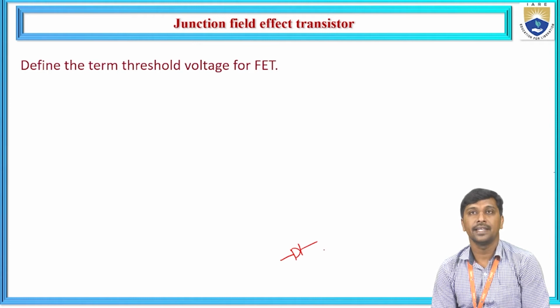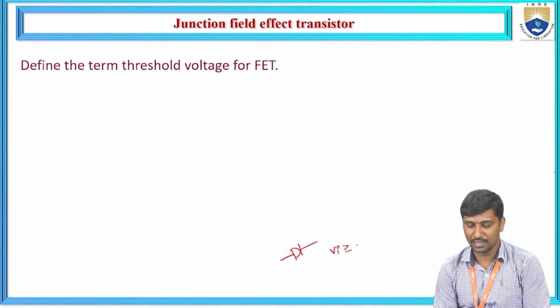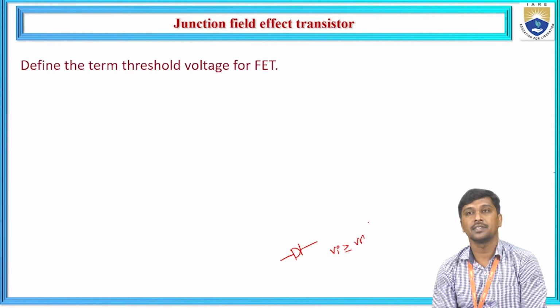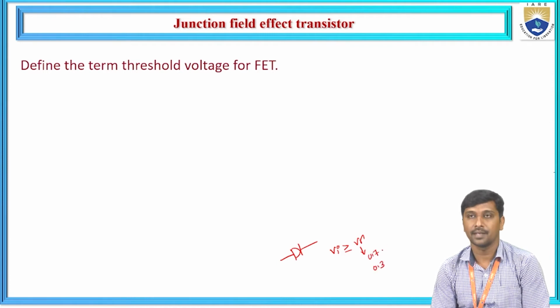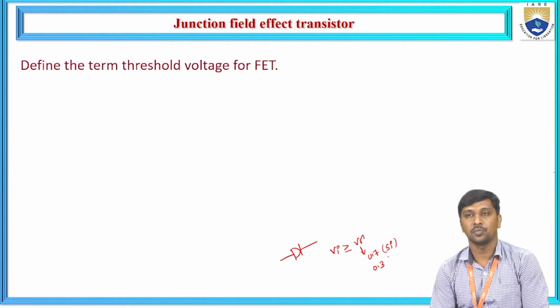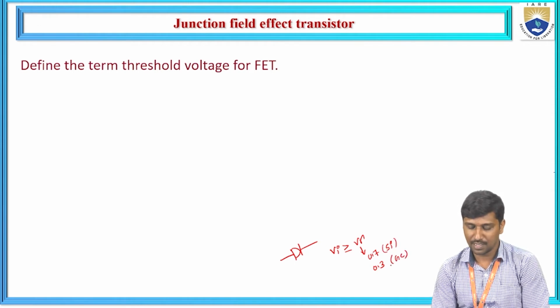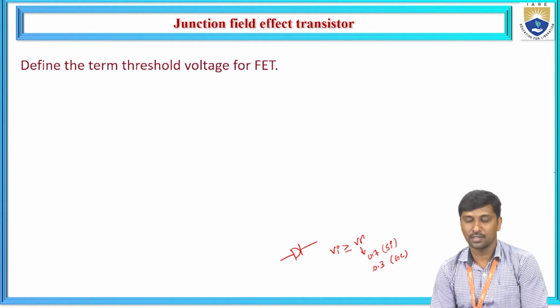Based on the diode principle, we know that the applied input voltage must be greater than or equal to the cut-in voltage, then the diode enters into the conducting state. We know that this V gamma is either 0.7 or 0.3. If it is silicon material, the cut-in voltage is 0.7. If it is germanium, the cut-in voltage is 0.3.